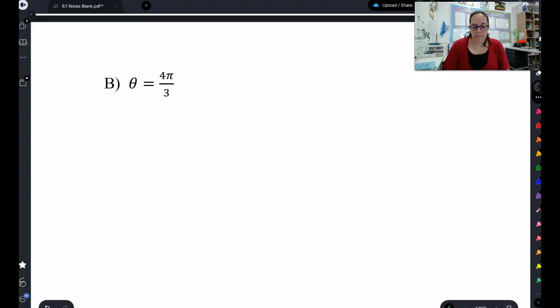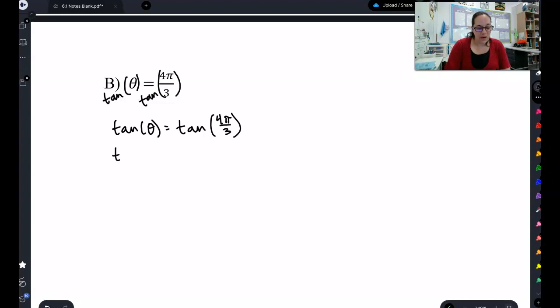Let's try another one. We have theta equals 4 pi thirds. Now, the only equation we have that uses theta is tangent of theta. So let's actually take the tangent of both sides of this equation. So then we have tangent of theta equals tangent of 4 pi thirds.